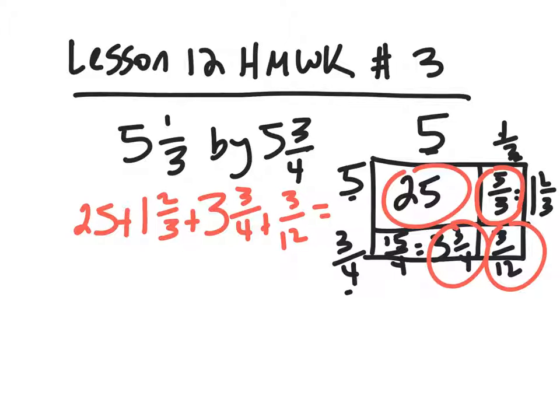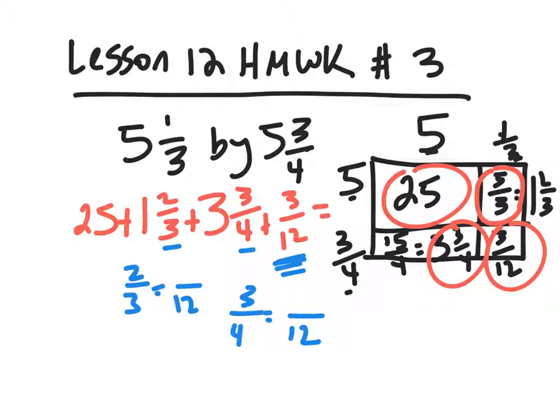Now I have to get a common denominator, because as you can see, I have thirds, fourths, and twelfths. Since 3 times 4 is 12, I will change 2/3 to twelfths. I will change 3/4 to twelfths, and I'll leave this one as twelfths.